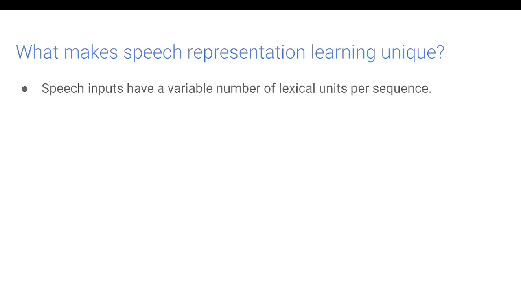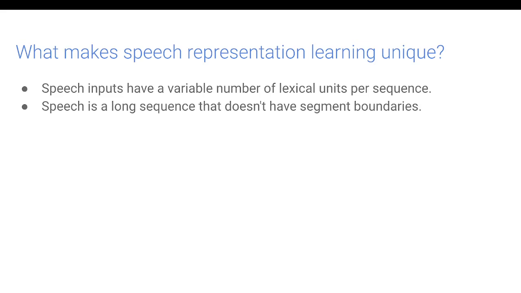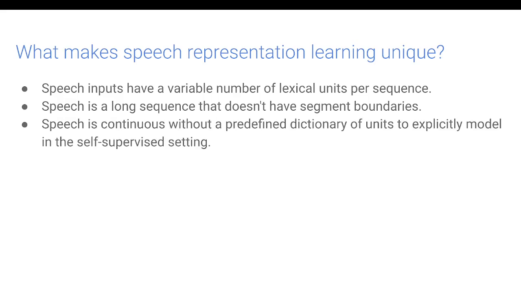First, what makes speech representation learning unique? What are the problems that we need to overcome when we are learning speech representations? First, speech inputs have a variable number of lexical units per sequence, and these units themselves have variable length, and they do not have segment boundaries in the raw audio.